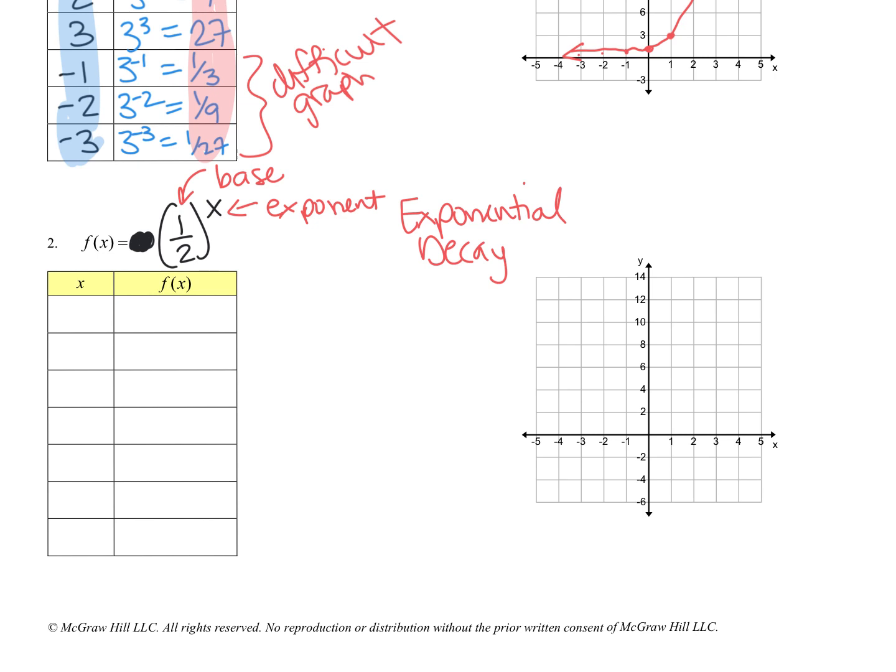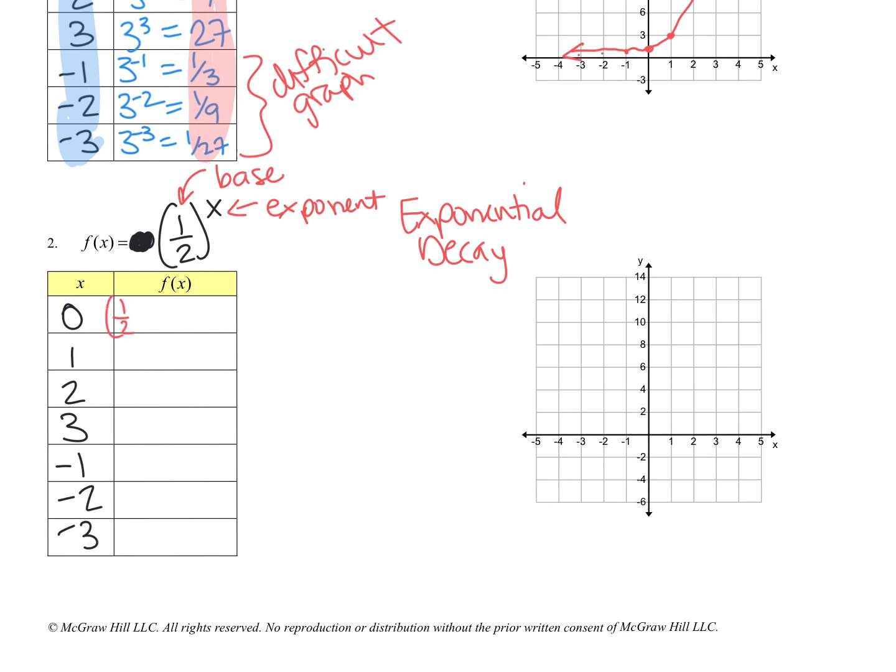Okay, so let's go ahead and explore what this will look like. All right, so I'm going to plug in 0. I'll do this in red.